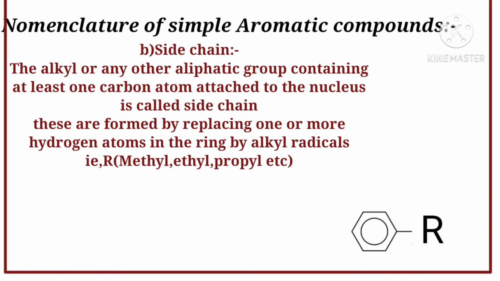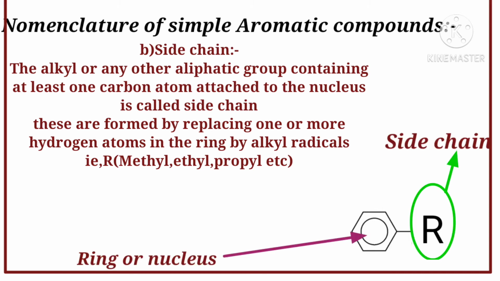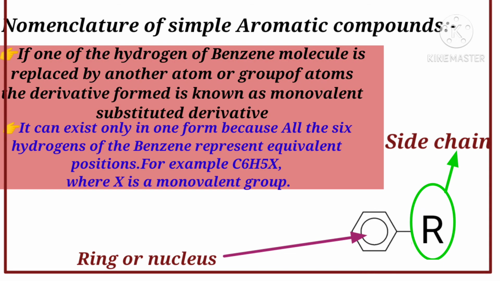If one atom of hydrogen in this benzene molecule is replaced by another atom or group of atoms, look at this: this is the ring or nucleus and this is the side chain. R is a side chain.